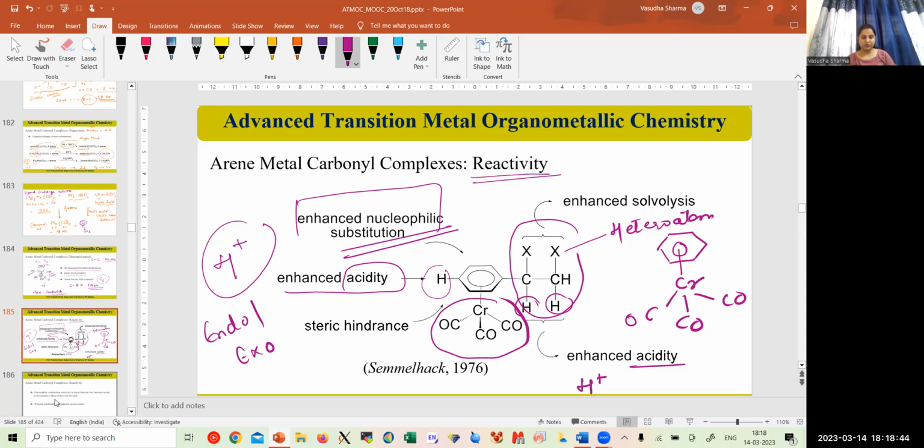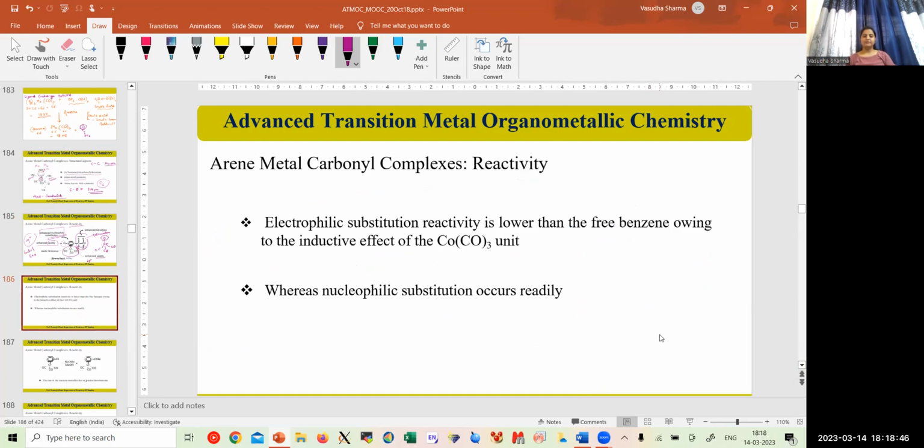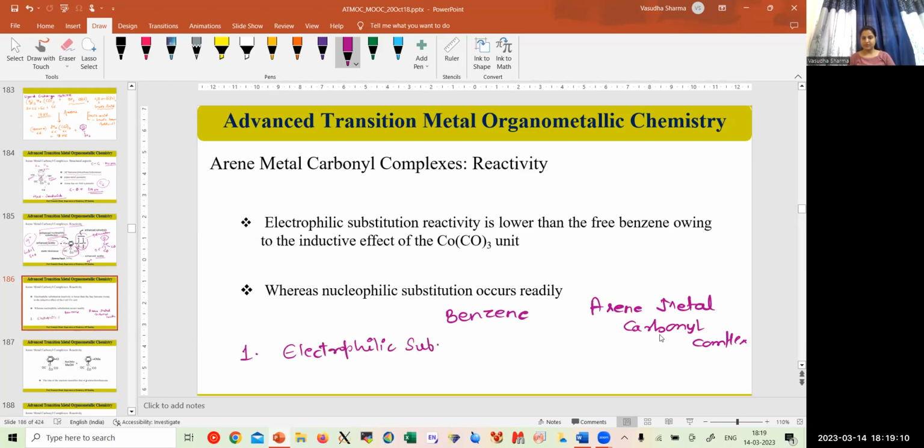So what we were just talking about, as I was telling, that if we have normal benzene and if we have arene metal carbonyl complex, so here if one aspect we will take electrophilic substitution, that would be more over here and less over here.